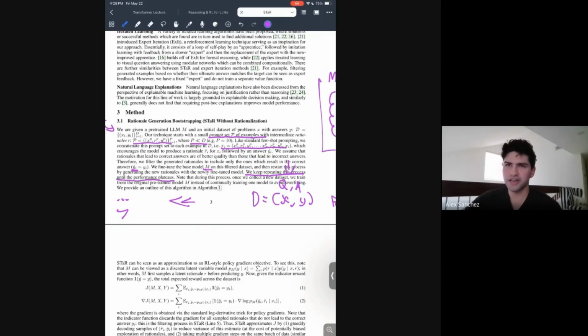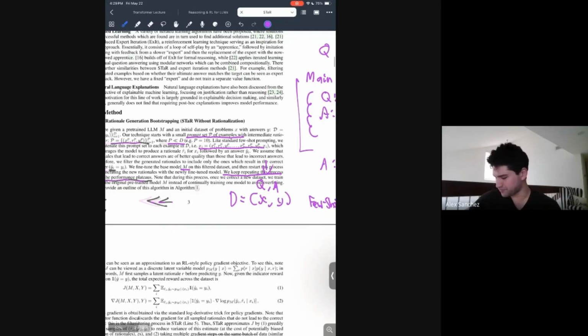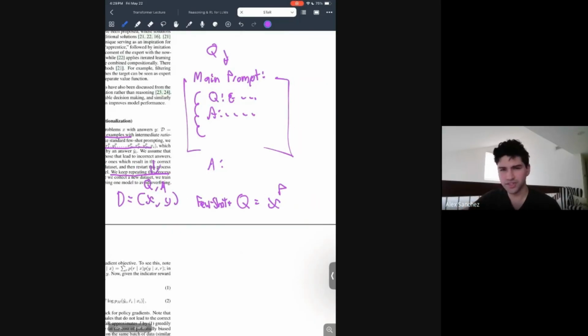So if you're looking for actual, think about this. This is literally just a big for loop. They're saying until performance plateaus. That is a very subjective way to look at things, right?